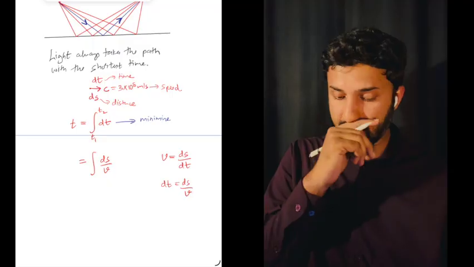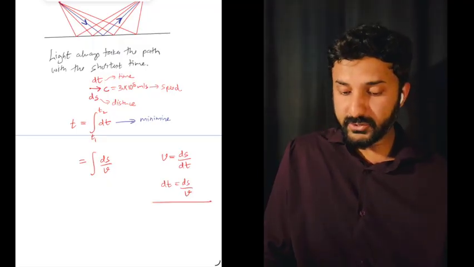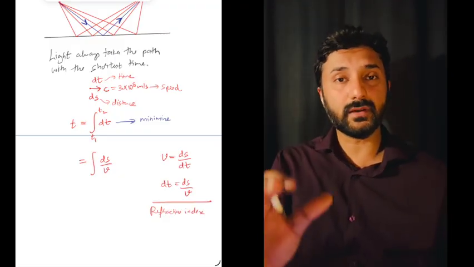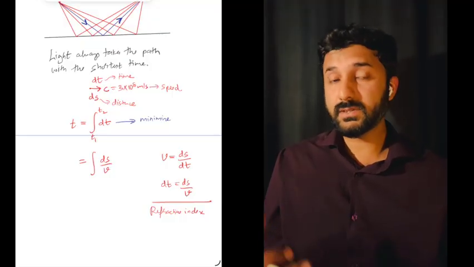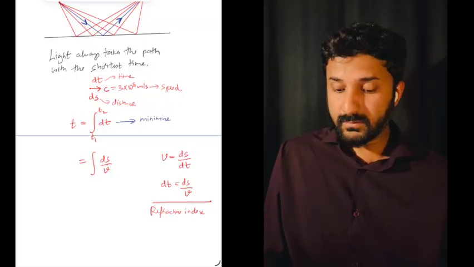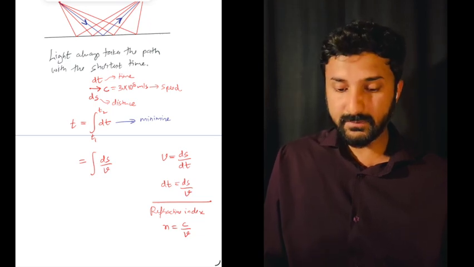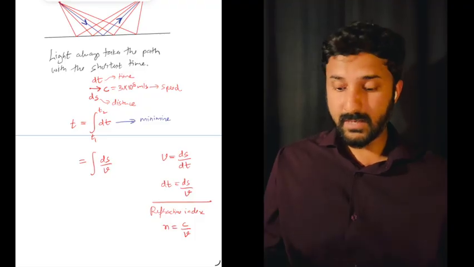And one more thing that we can do here is to introduce the concept of refractive index. A refractive index is a number that is associated with every medium. Different media have different values of refractive index depending upon what the speed of light is. And so we define refractive index as c by v, c being the speed of light in vacuum, which is 3 × 10⁸, and v is the speed of light in that particular medium.